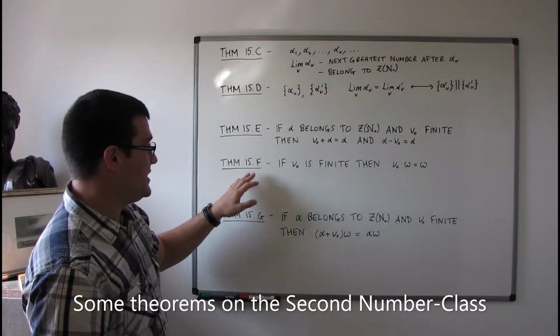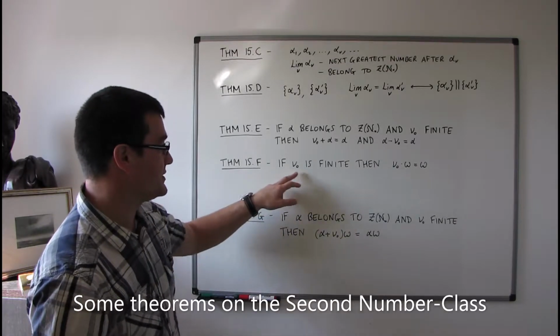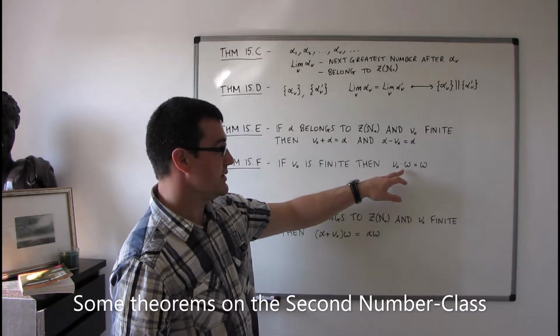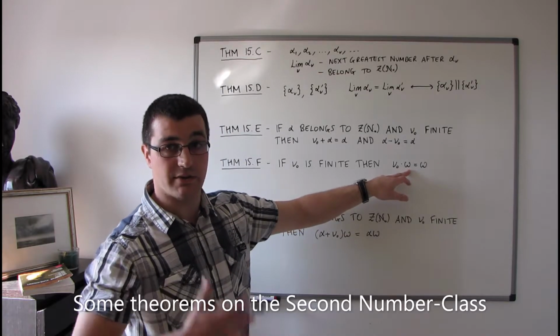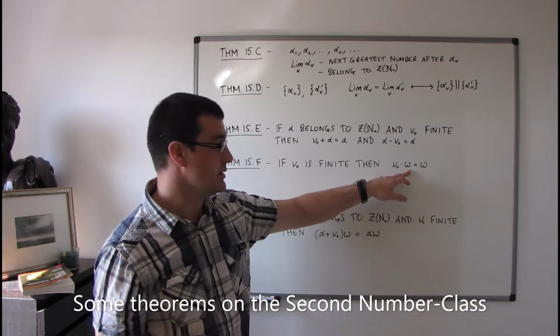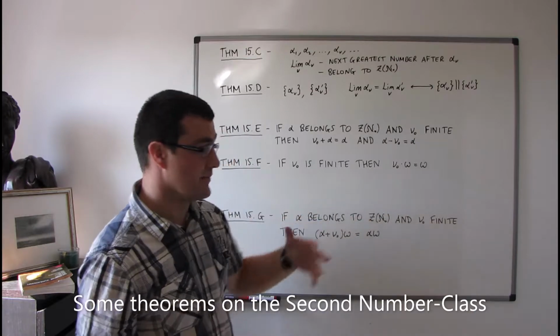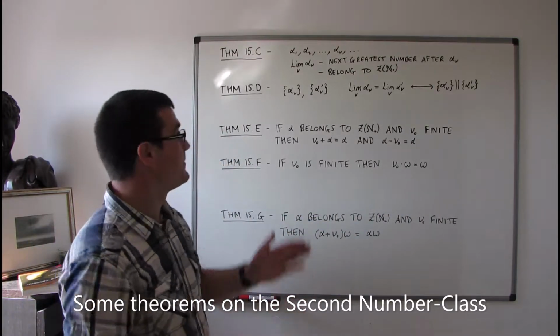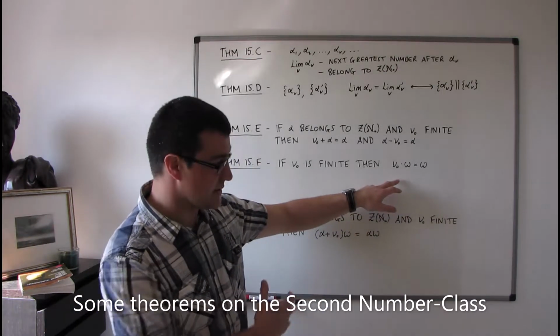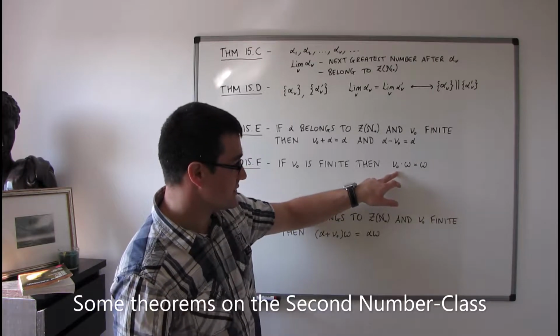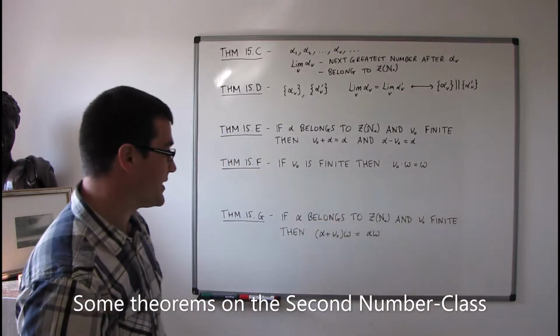Okay, theorem 15F. If nu naught is finite, then nu naught times omega. Remember, omega is a particular number, the least number of the second number class, as we saw in theorem A. So nu naught times omega is equal to omega.